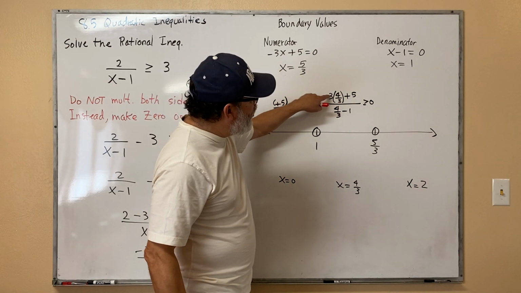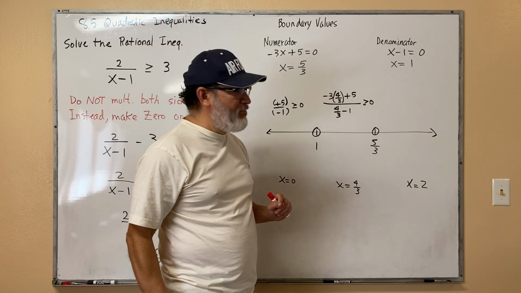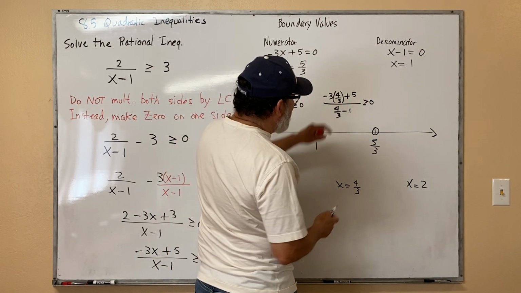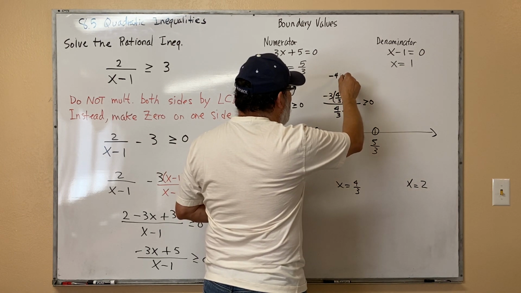The 3's cancel. These 3 cancel the 3. And so what we get here is negative 4, negative 4 plus 5.